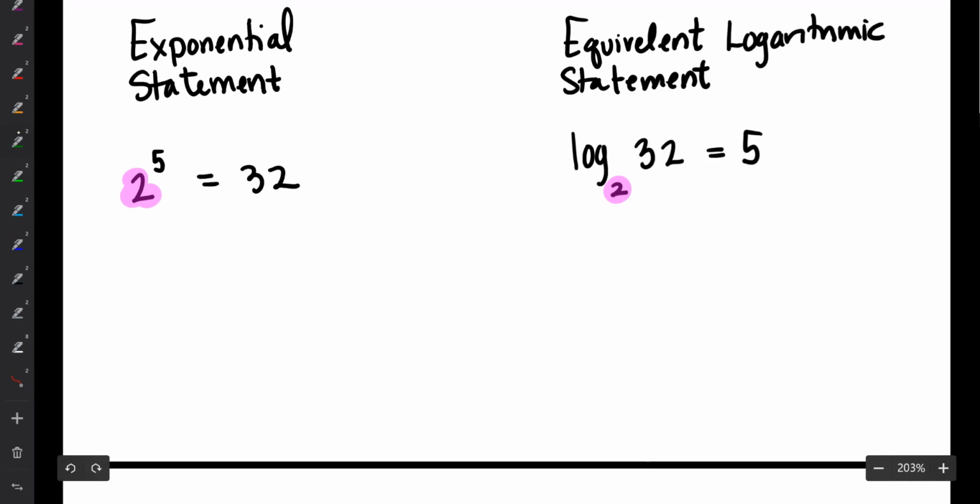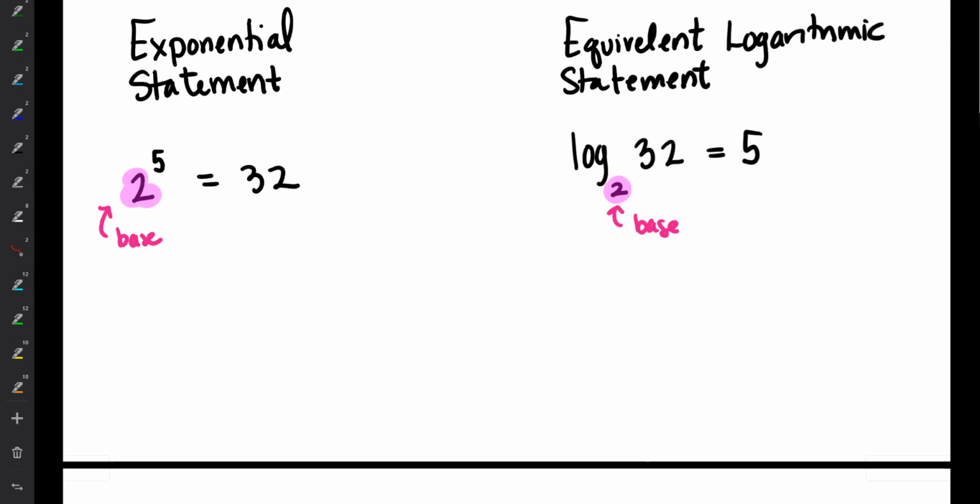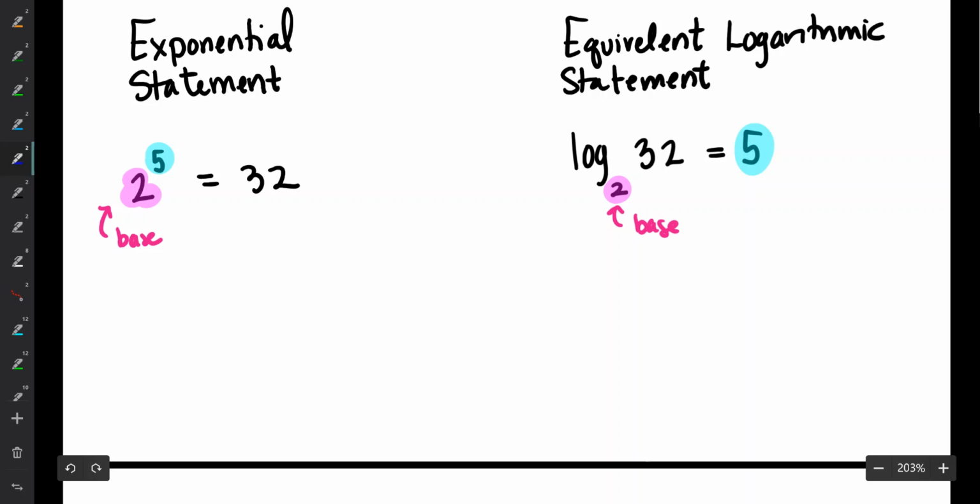Remember that that's called the base of the exponent. That's the base of the log. And here, how about blue? Here is the exponent.